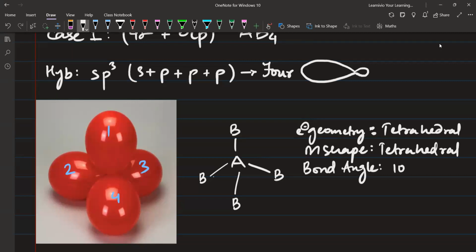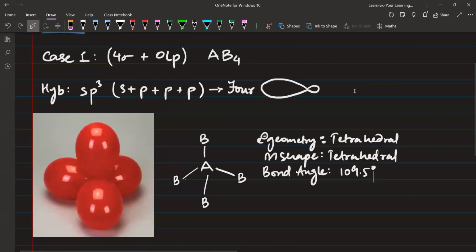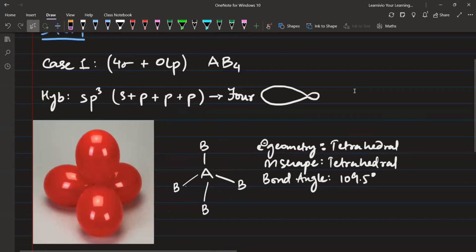Bond angle will be 109.5 degrees. By the way, 109.5 degrees will sometimes be written as 109 degrees 30 minutes, because in 1 degree we have 60 minutes. That is why it is 0.5. 30 minutes, or 28 minutes to be very accurate.